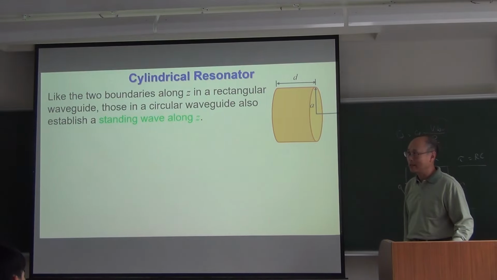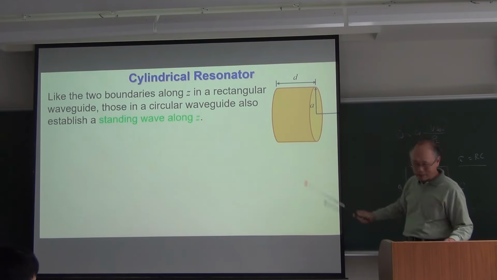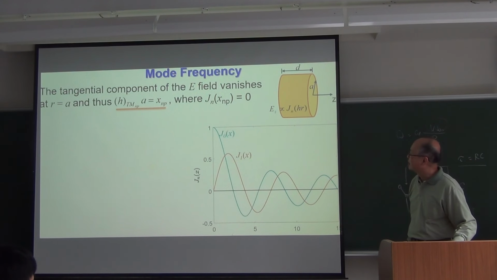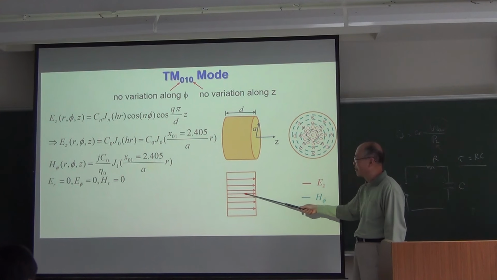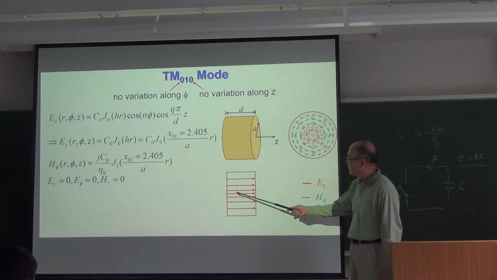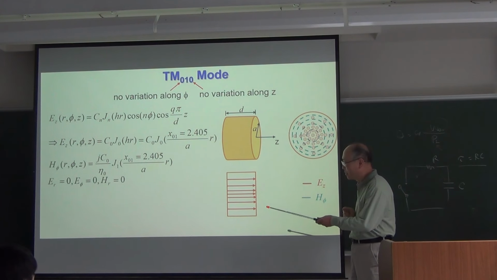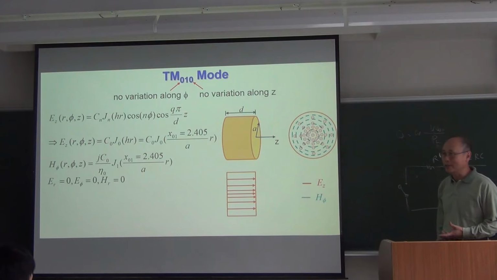Think about one particular application. For example, you want to push an electron along this direction. Then you would adopt, for example, this mode. You have an electric field going this direction, right? And if you put one electron here, then you'll be pushed forward. Then you accomplish your application.